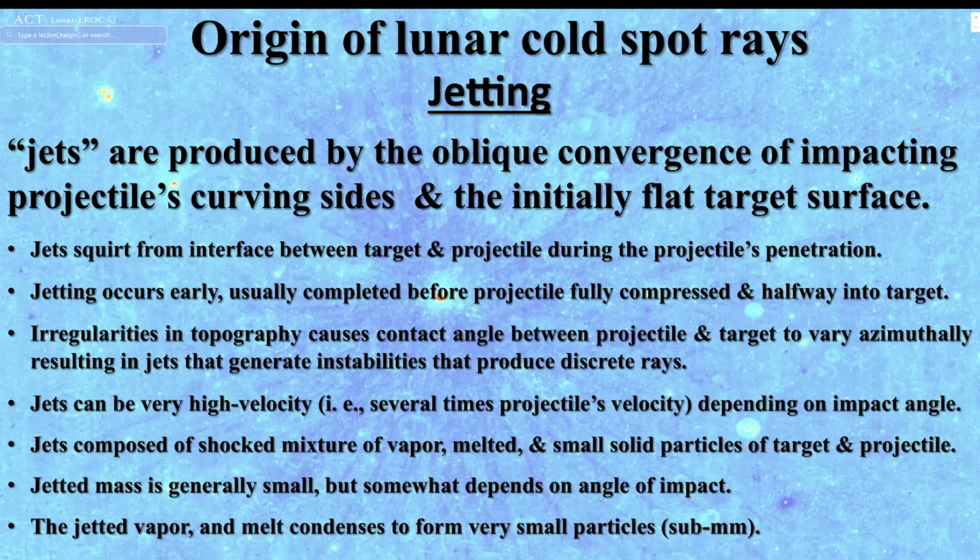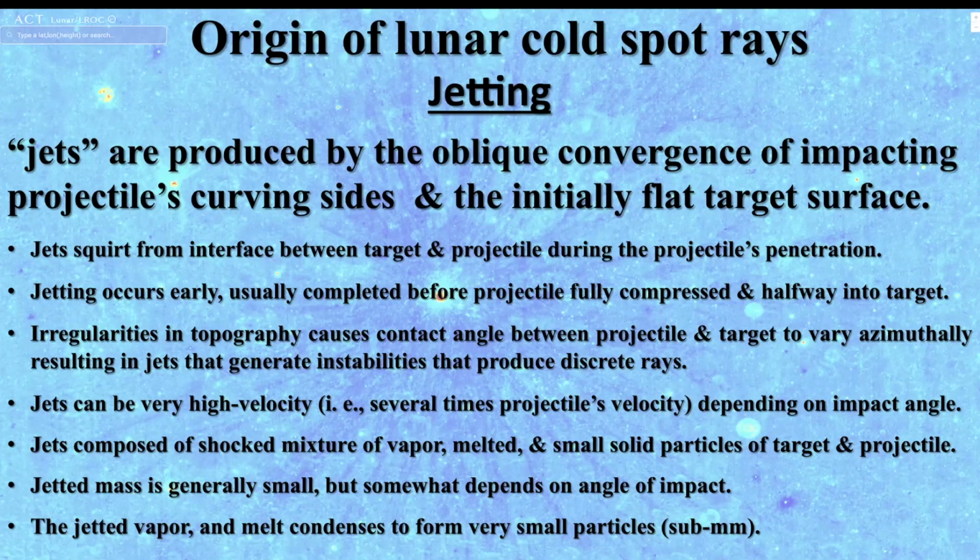And that works with visible rays too. Jets can be very high velocity, several times the projectile's velocity, depending on the impact angle. So I think that's a key component. Jetting generally comes out at a higher velocity than the vapor plume.